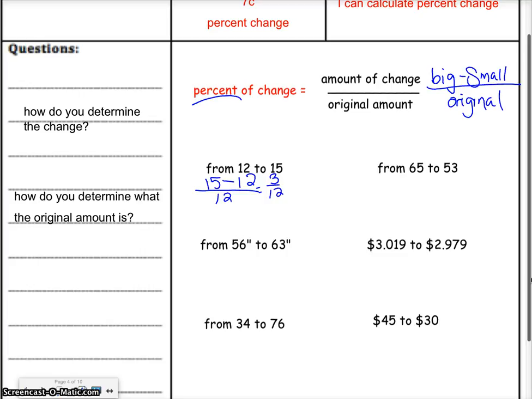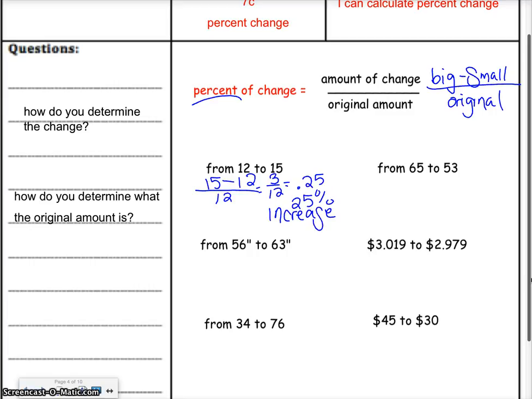And then you don't need to turn that to 1/4 because you're just plugging it into your calculator. I go 3 divided by 12 is 0.25, which is 25%. Did I increase or decrease? A 25% increase.